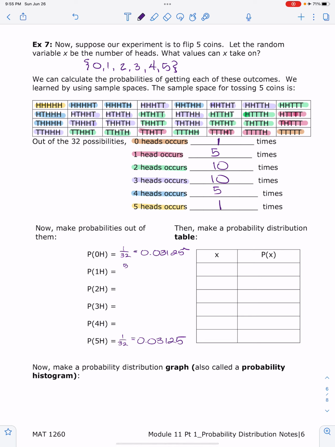Probability of getting one head was 5 out of 32, which is 0.15625. We know the probability was the same for getting 4 heads. Probability of 2 heads was 10 out of 32, 0.3125. And same thing for getting 3 heads.